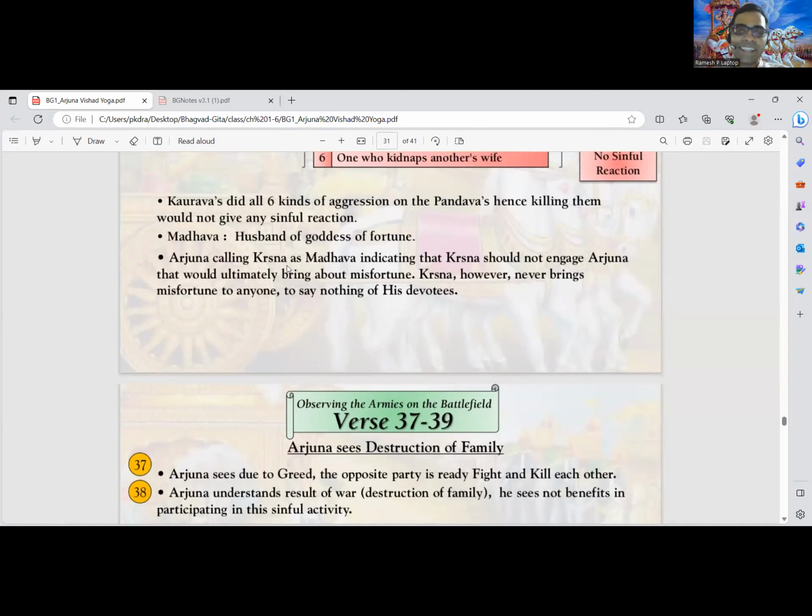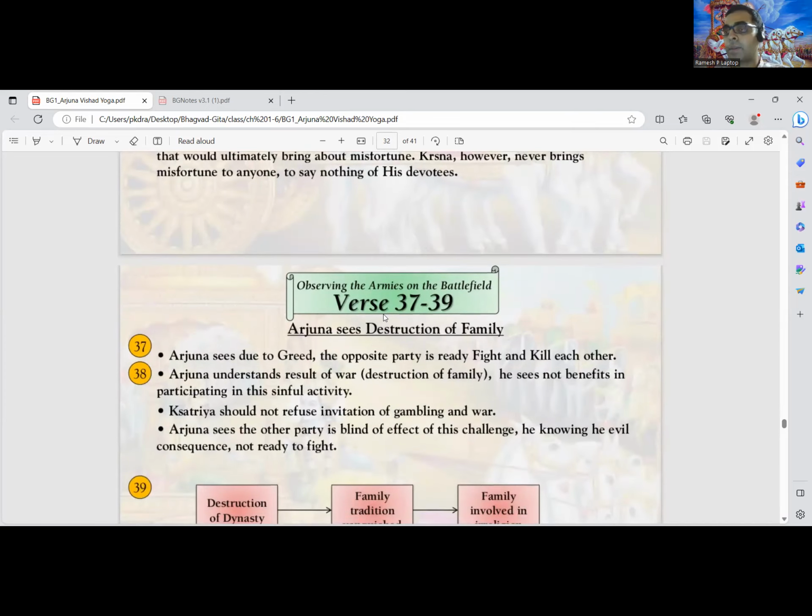And he further argues what will happen if we kill them. The family traditions will be broken up, there will be destruction, and there will be no elderly people to guide. Usually in the past, and even now in a couple of traditional families, all the instructions are followed from the elderly people, and they consult them. But the number is very small these days because everyone is independent.